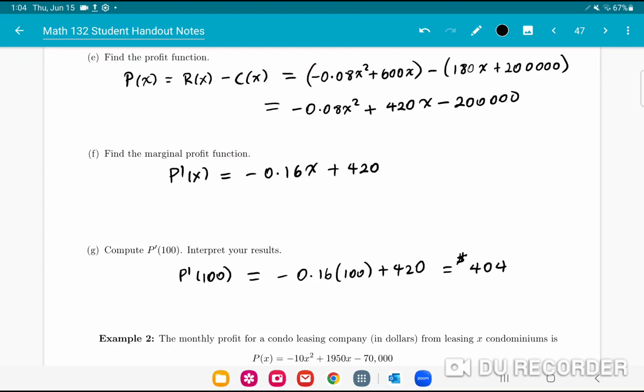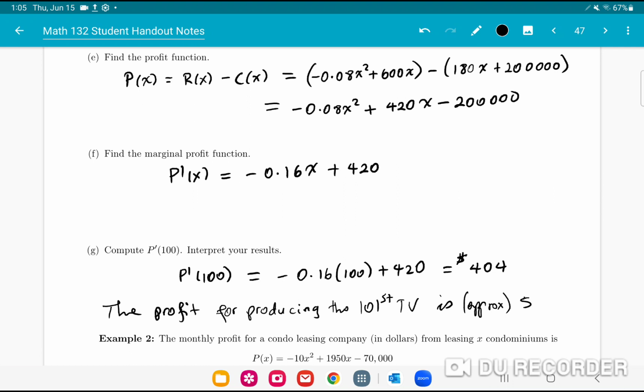So what does this mean? It means that the profit for producing the 101st TV is approximately $404.